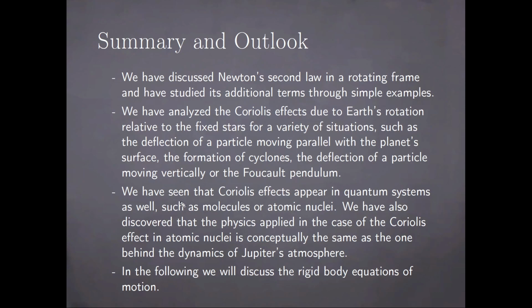We have seen that Coriolis effects appear in quantum systems as well, such as molecules or atomic nuclei. We have also discovered that the physics applied in the case of the Coriolis effect in atomic nuclei is conceptually the same as the one behind the dynamics in Jupiter's atmosphere. In the following, we will discuss the rigid body equations of motion.